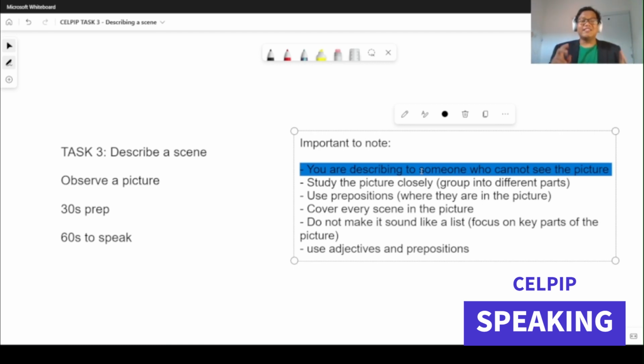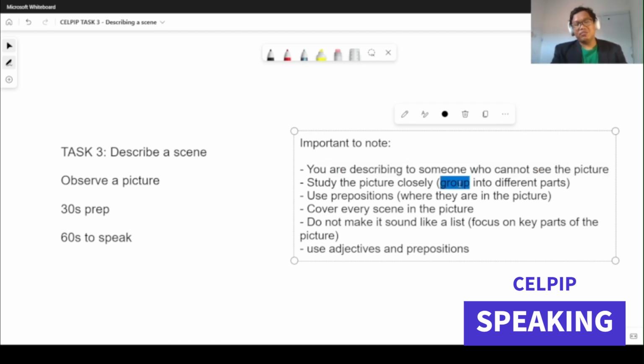The second one is you do have to study the picture closely, of course, because of the first point. And not only that, but you have to group it into different parts. Why do I recommend that? Because, like I said, the picture usually has a lot of things going on, right? It might be children playing in the park, might be a picture of a highway, and so on.